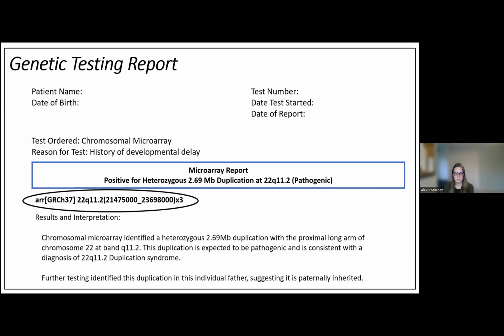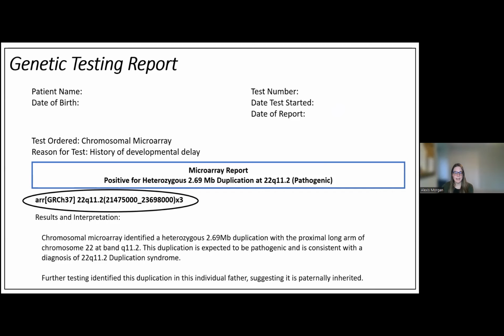That is okay. Then it will state the chromosome and the banding pattern. So for this example, 22q11.2. The numbers in the parentheses after are giving the specific genomic coordinates the copy number variant is affecting. The first number is the starting point, and the last number is the ending point.